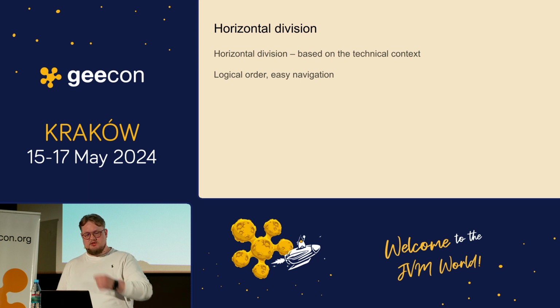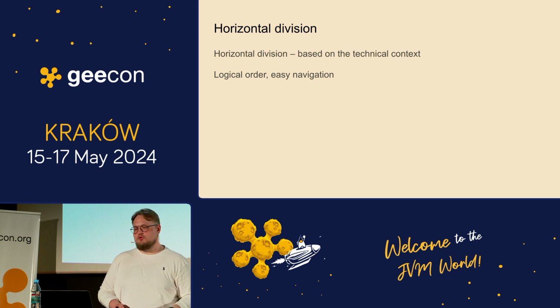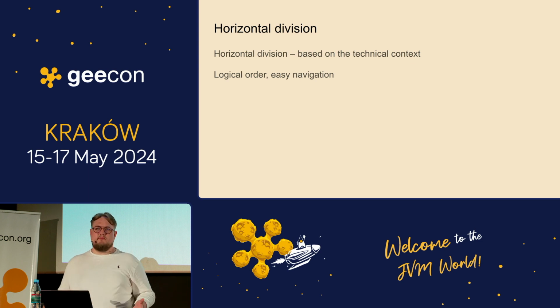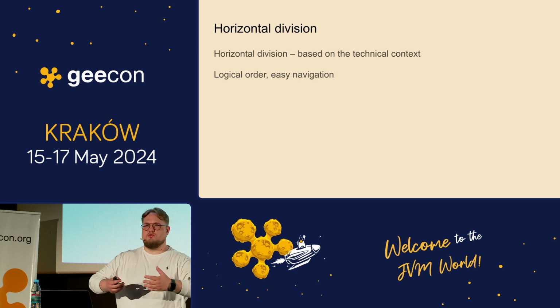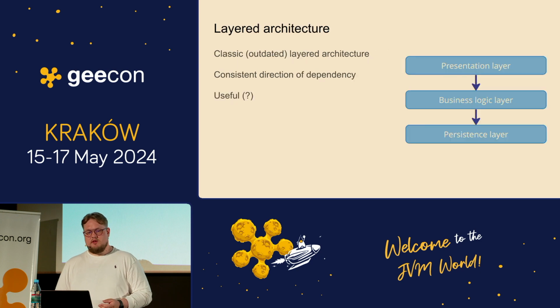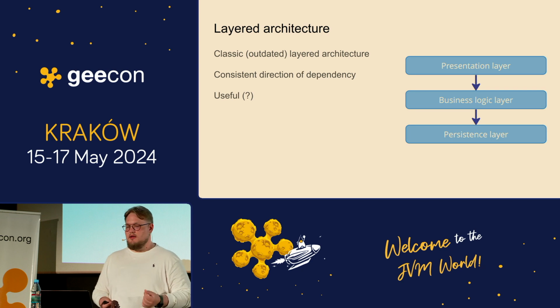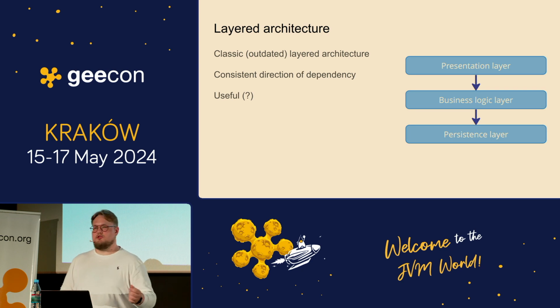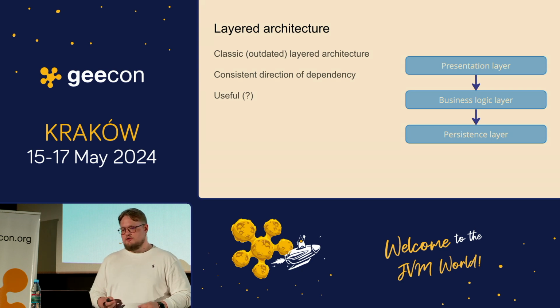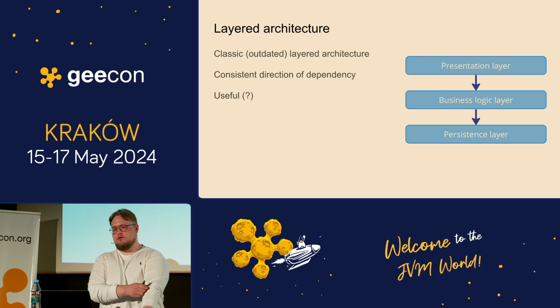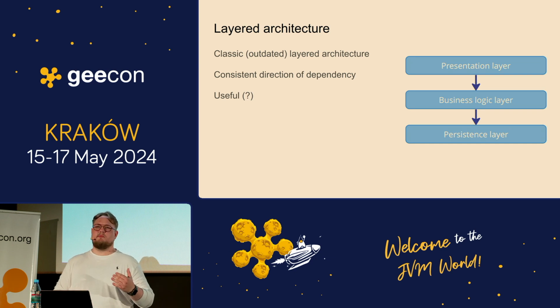And again, this is useful because it introduces some order and structure to our applications. It makes it easier to find stuff because, again, we have smaller boxes to look through, not this one big box. And stemming from that, we have the layered architecture. And this is the classic, outdated layered architecture. But let's start with the general concept: what layered architecture introduces on top of this horizontal split.